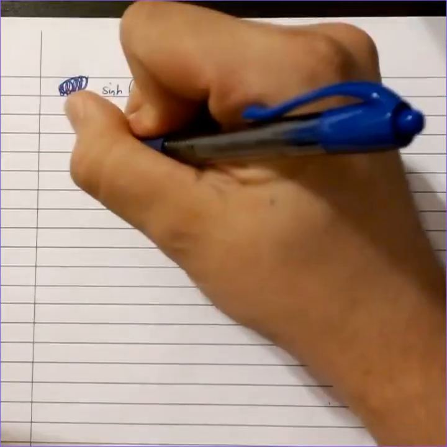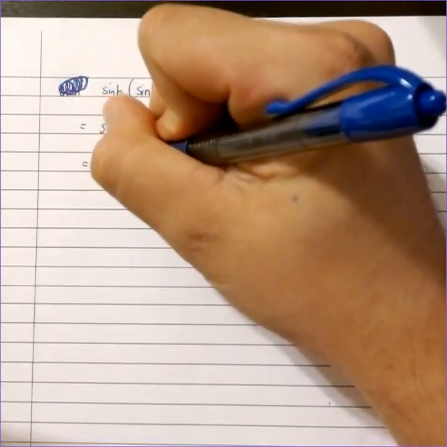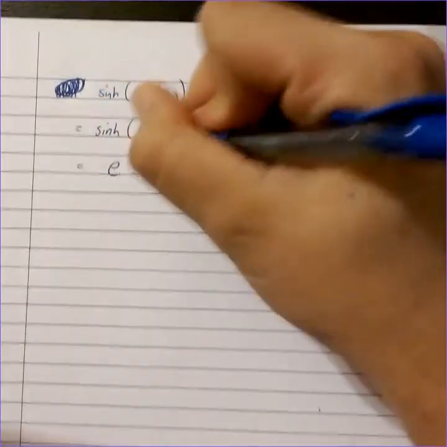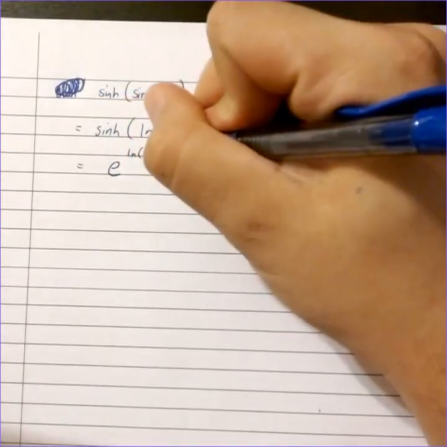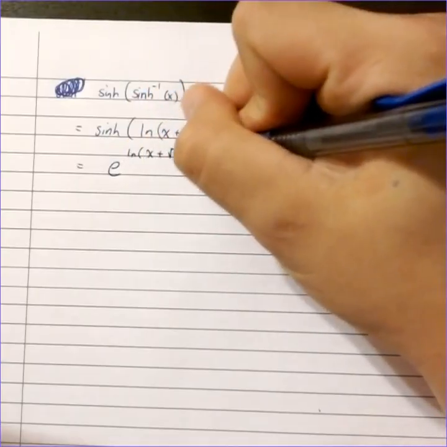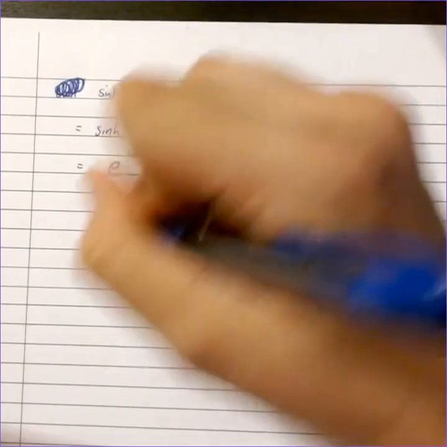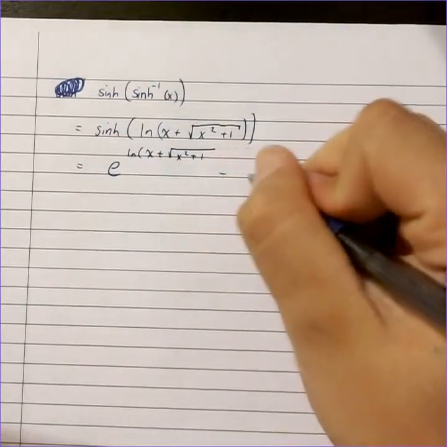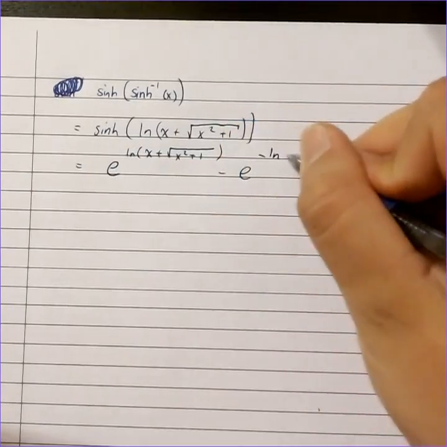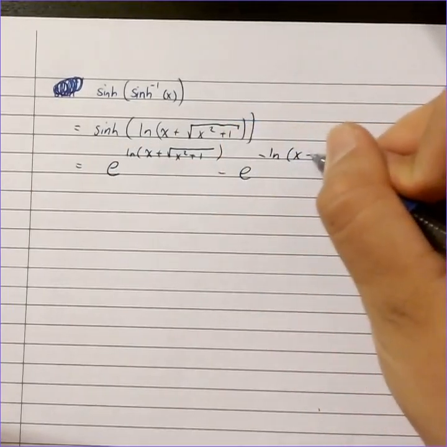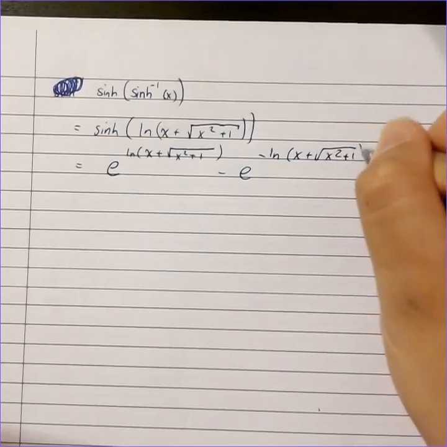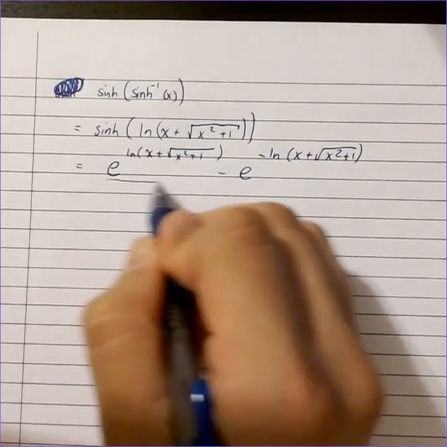Now remember, sinh can be written as e to a power, which is going to be the argument, like that, minus e to minus that power, divided by 2.